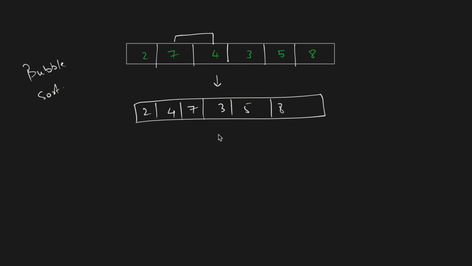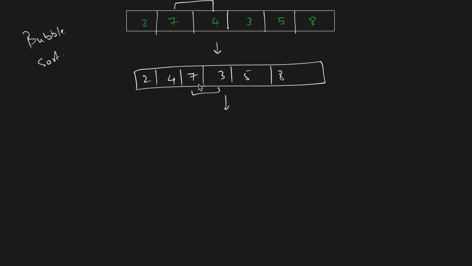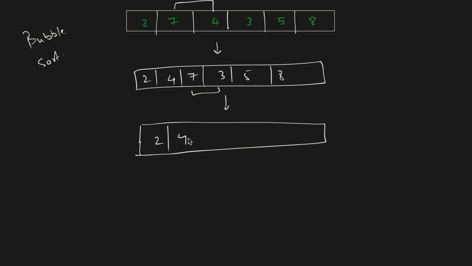Next, if you look at 3 and 7, we can see that the value of 3 is less than 7 and therefore it comes before the value of 7. So 2 stays wherever it was, 4, then 3 takes the place of 7 and 7 takes the place of 3, 5 and 8 remain the same.